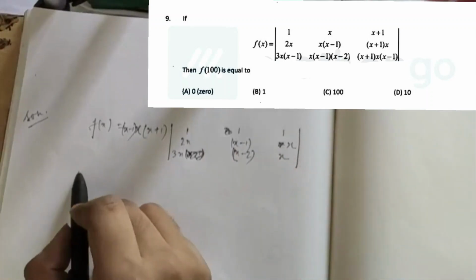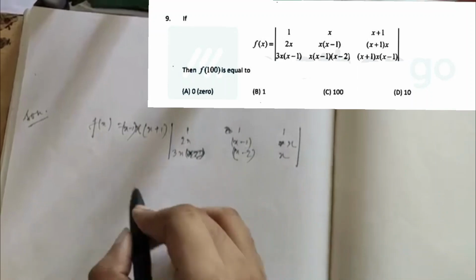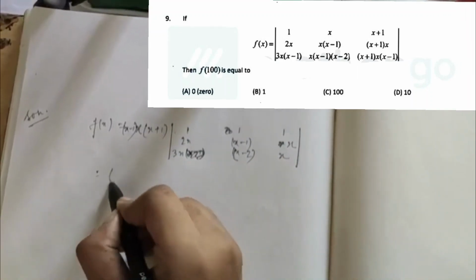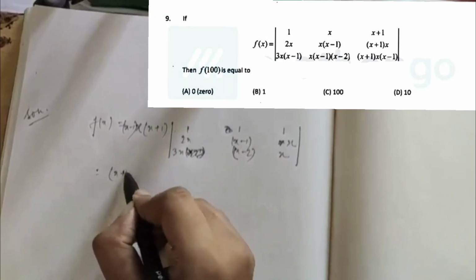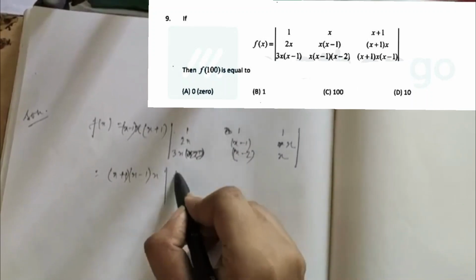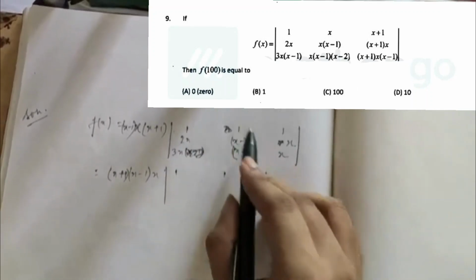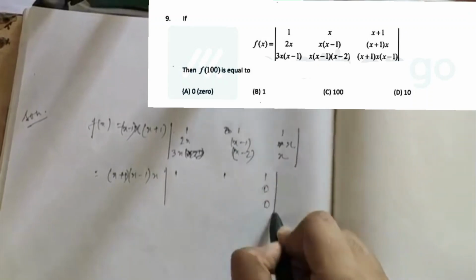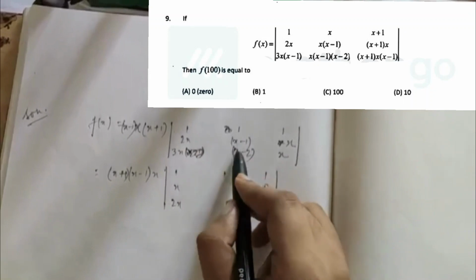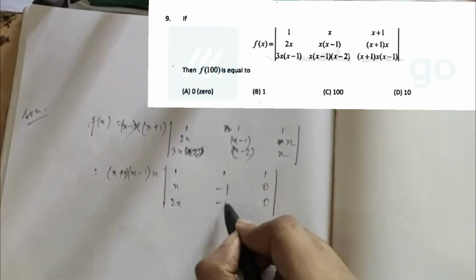Now you can see that if I multiply the first row with x and subtract, then it will come as x minus x plus 1 into x minus 1 into x, and it will remain as 1. If I multiply this with x and subtract, then these two terms will obviously come as 0, and it will come as x, this will come as 2x, this will come as x minus x, that means minus 1, and it will come as minus 2.